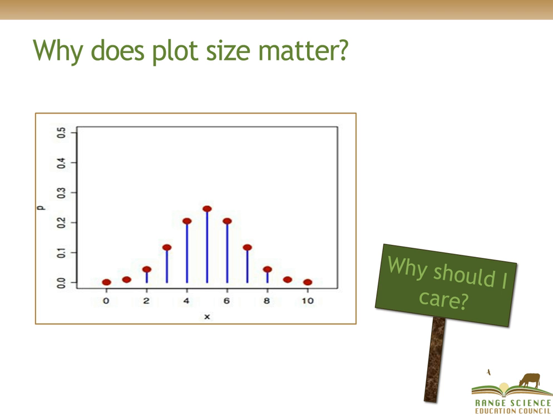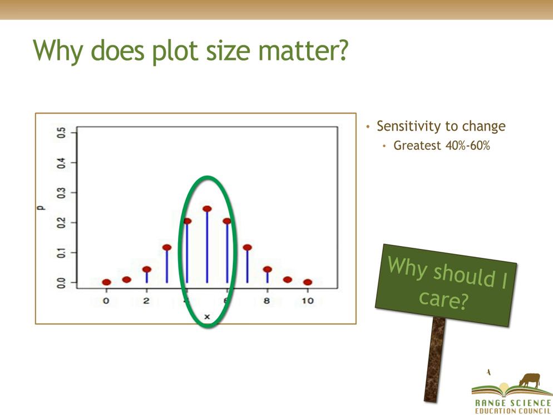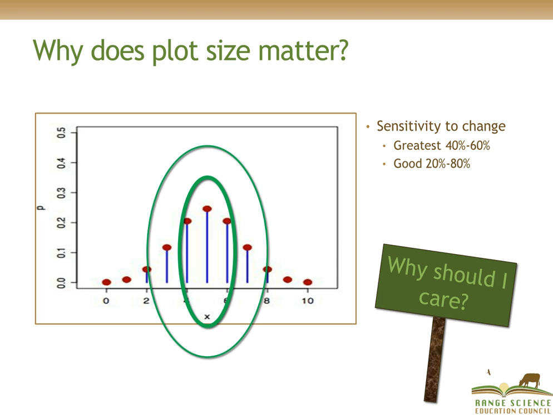With binomial distributions, our ability to detect change is greatest in the range between 40 to 60% frequency. It's also still very good in the range between 20 to 80% frequency. But in the lower reaches, or the more extreme reaches, such as below 10% or above 90%, it's not as sensitive to change.